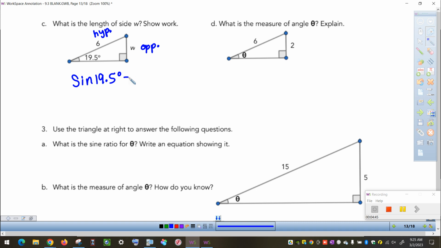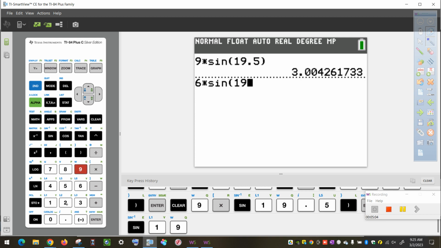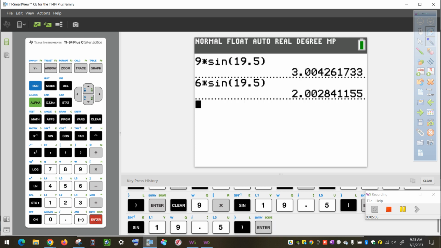So the sine of our angle is equal to W over 6. So this time we are going to multiply both sides by 6. That would get rid of that 6 in the denominator. And when we go over here to our calculator, we're going to do 6 multiplied by the sine of 19.5. And we're getting that this is equal to approximately 2.